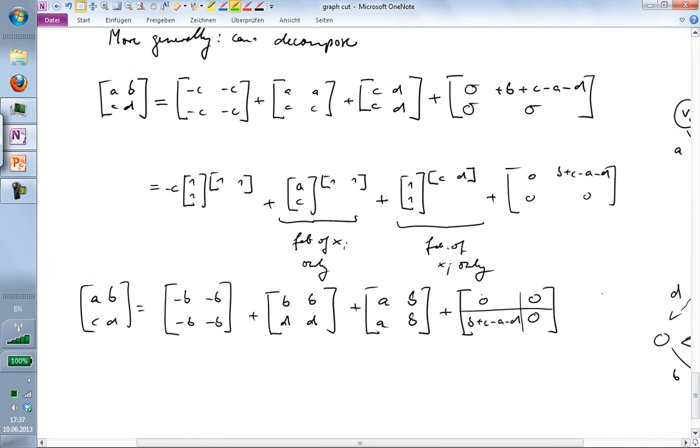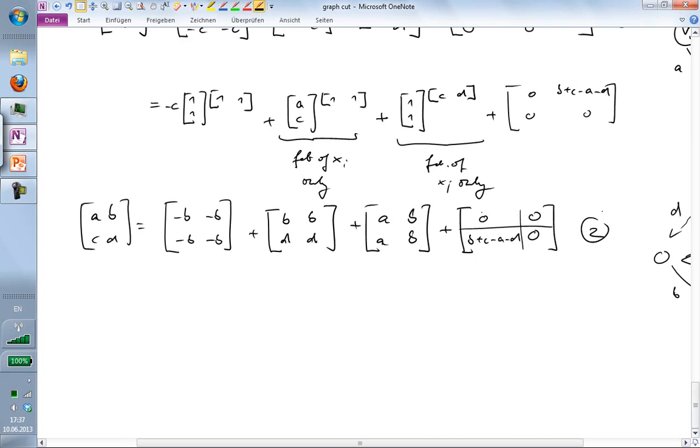So now I have 2 decompositions, and both are a little bit asymmetrical. If you want, you can take this decomposition, let me call it 1, and this decomposition 2, and then you can add them up.